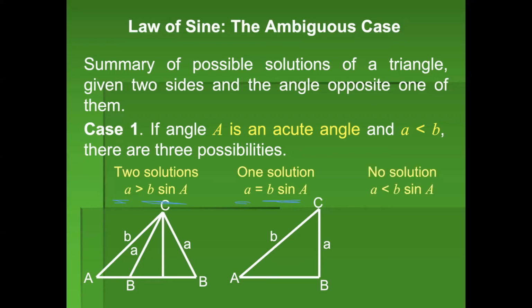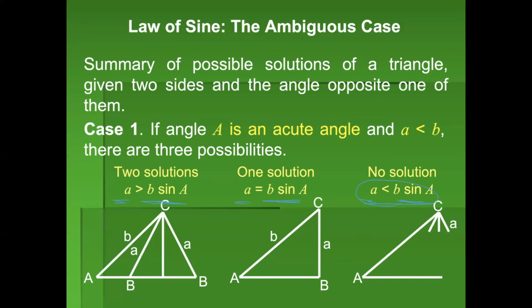That will happen if the side opposite the given angle is smaller than the value of b sine A, meaning we cannot form any triangle. So in that case, we will not solve anything. We will just state that there is no solution by showing that the side opposite the given angle is smaller than b sine A.